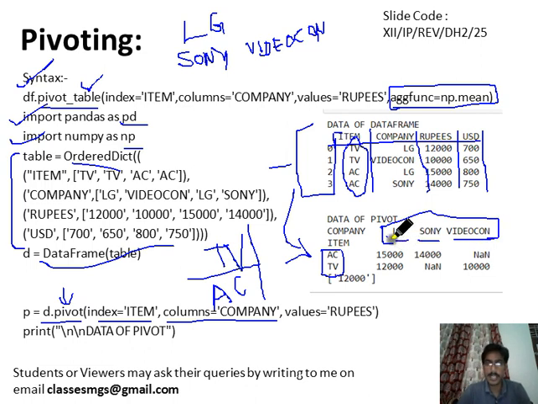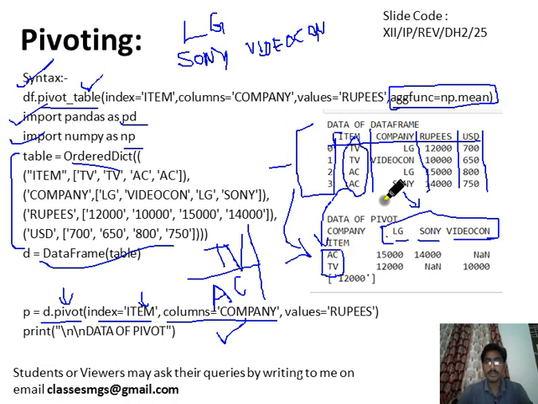Okay. Now this LG, Sony and Videocon come as the columns because we have passed columns as company. The column values in the original data frame will become columns in the new data frame, and the item column of the original data frame will become the index of this new data frame.